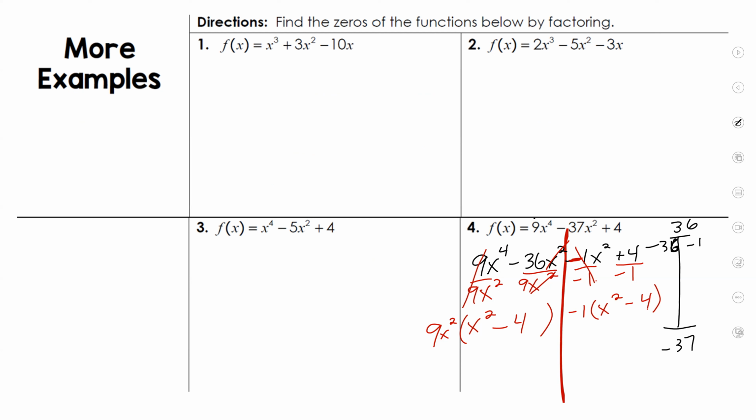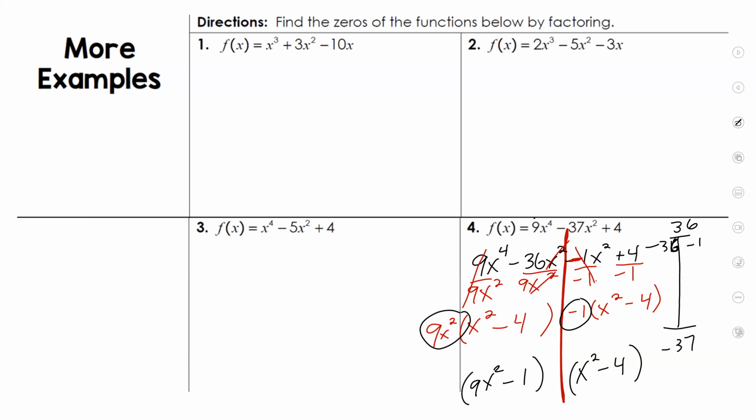Notice, what's in my parentheses match. If they both match, that means I did it correctly. So let's go ahead and write my factors. My factors are x squared minus 4, and then 9x squared minus 1. The outsides go together. Those are my two factors.